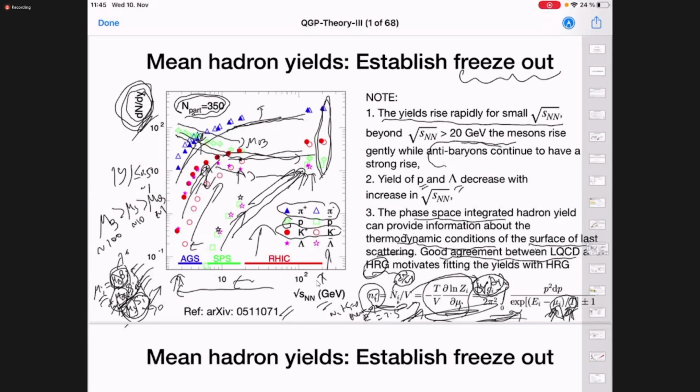As you have told, you can fit this formula, or one can write mT cosh y instead of E. Also the phase space integral, the momentum integral, one can separately factor out in terms of pT d2pT and dy, and then integrate. If you integrate over the pT, what you are left with is the y dependence.